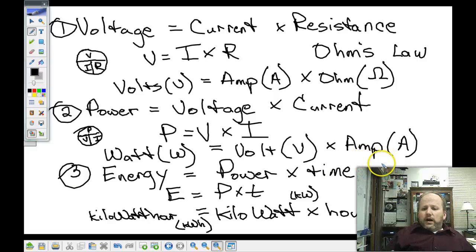If we used a 100-watt light bulb and we leave it on for 10 hours, we have used 1,000 watt hours. Using King Henry's Dad Drinks Chocolate Milk, wanting to know how many kilowatt hours are in a watt hour, we move our decimal point 3 over to the left, and we find out that that is 1.000 kilowatt hours.